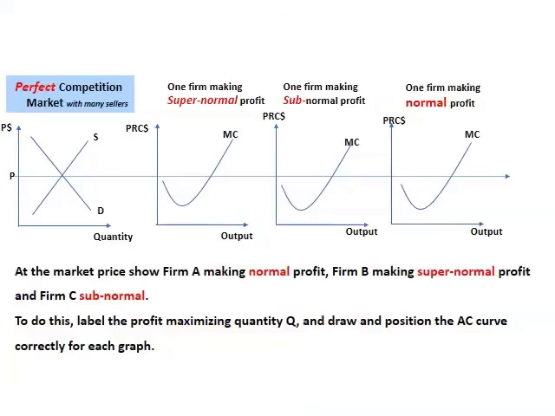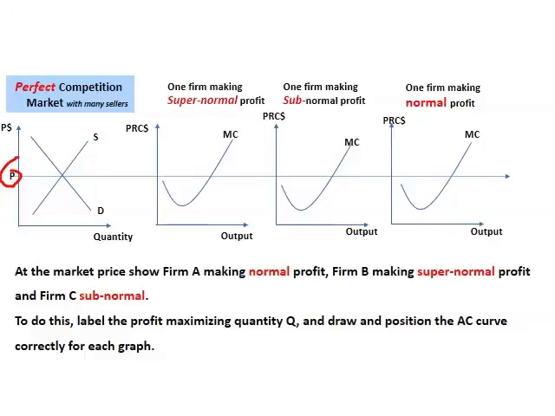This exercise is, you've got at the market price, three different sellers, individuals, and you're asked to show the first firm making supernormal profit, the second one subnormal profit, and the last one making normal profit.